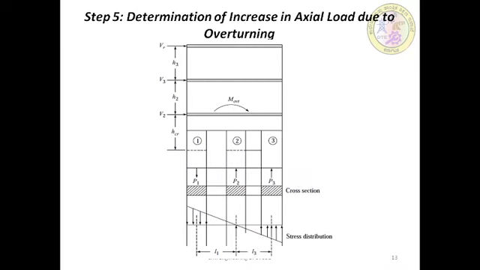Next one is the determination of the increase in axial load due to overturning. So here in shear walls, the principal forces are the in-plane shear, that is the direct and torsional, the in-plane moment, the half of the height of the pier, and the dead load and live loads carried by the pier.